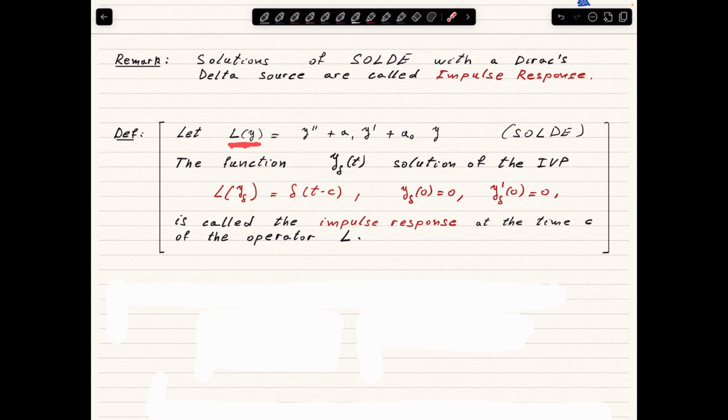L of y is a linear operator of the form second derivative, first derivative, function, so a second order linear operator that appears in second order linear differential equations.